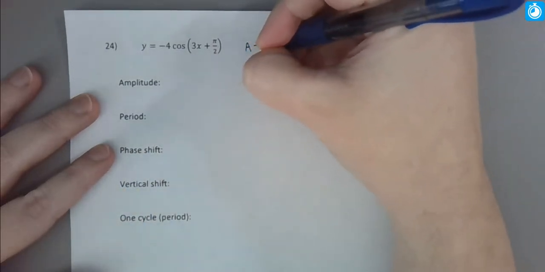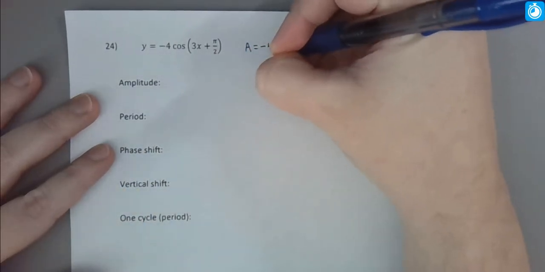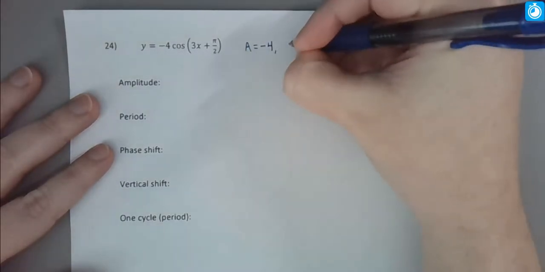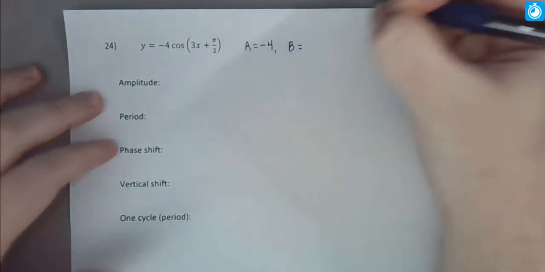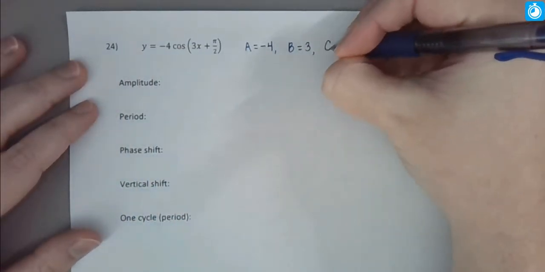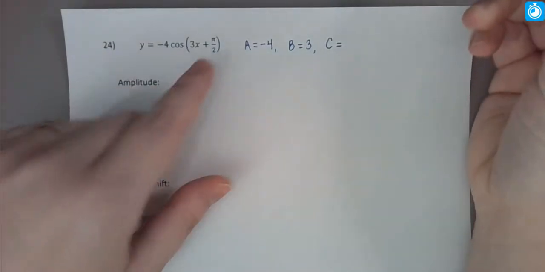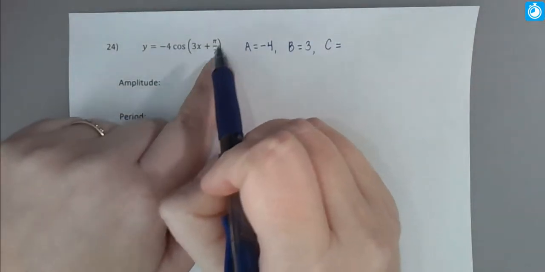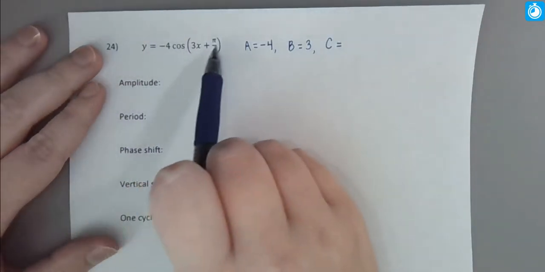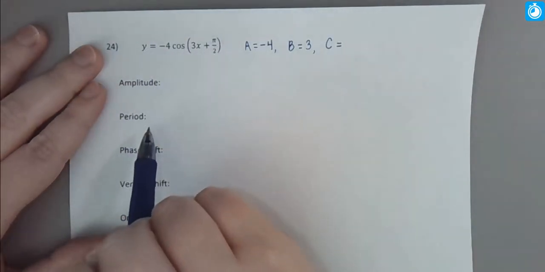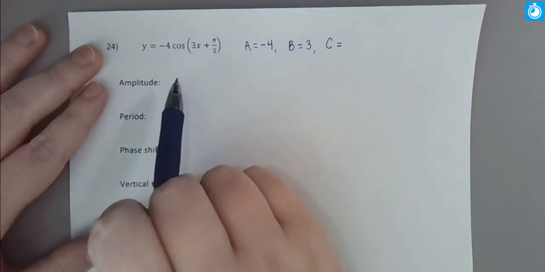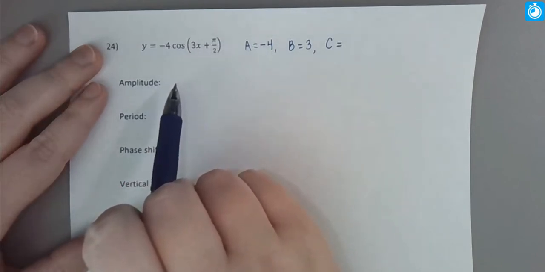So a, we're going to call that -4, so that's going to be the variable a. Okay, we have something in the place of b, so that would be our 3. We have something in the place of c. Now, here we need to be careful. So c will be the constant that's added or subtracted, but when we look at the standard general form for whatever we graph in terms of a trig function, the general form is going to have subtraction inside of the trig function.